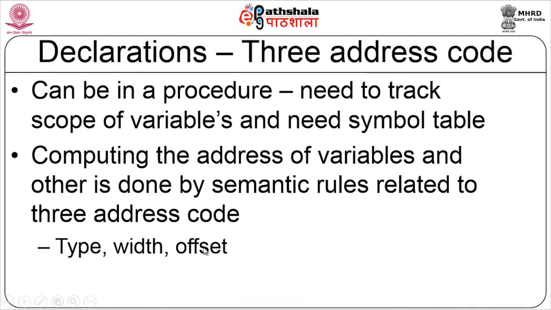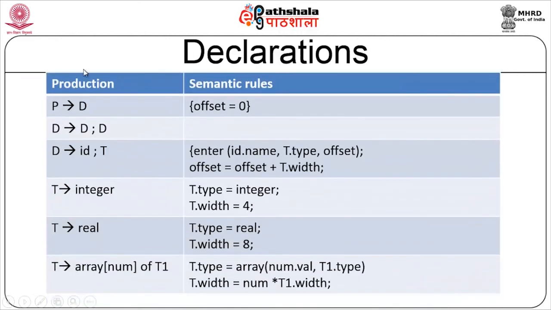Now the types are type, width and offset. So here you have an offset and a width. So this is the Pascal syntax. So when I see a declaration, I will just set offset is equal to 0 to start with. And then as I encounter a declaration, ID semicolon T, T is the data type that is given to ID.